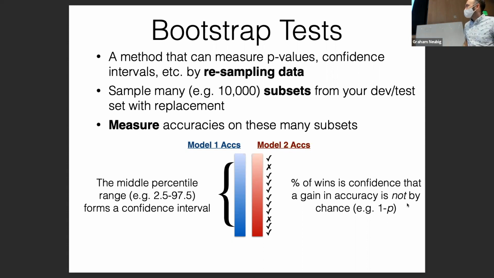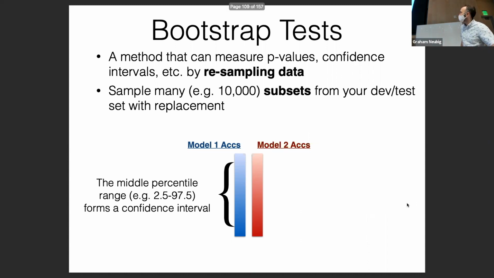So then the idea would be you do this. If model 2 wins more than 500 times, then the chance of model 2 not winning would be less than 5%. So basically, then you could say that was a statistically significant difference with 0.05 probability.